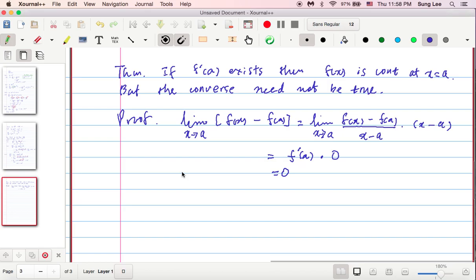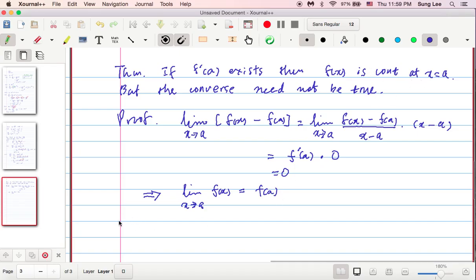So we just showed that the limit of f of x minus f of a as x goes to a equals 0. What that implies is that the limit as x goes to a of f of x equals f of a. What does it look like? This is the condition for f of x to be continuous at x equals a.